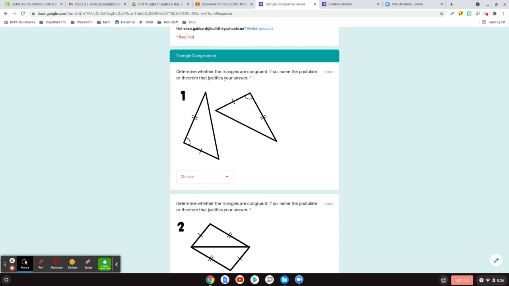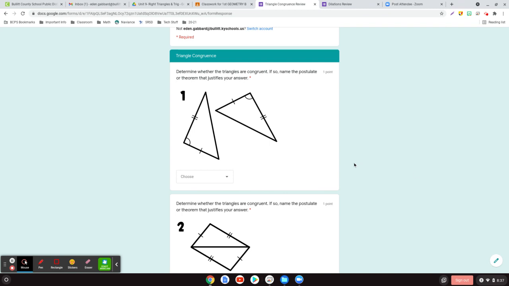Remember, we have side, side, side; side, angle, side; angle, side, angle; angle, angle, side; and the HL, which is hypotenuse leg. So we are going to look at these figures and determine if they're congruent. If we decide that they are congruent, we need to pick which of these postulates is correct.